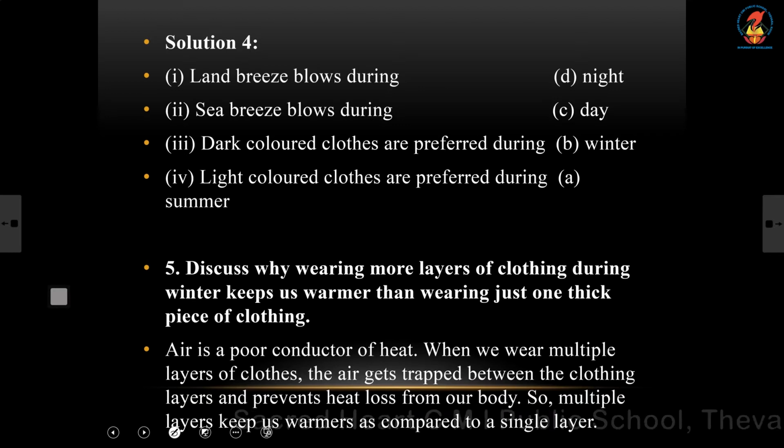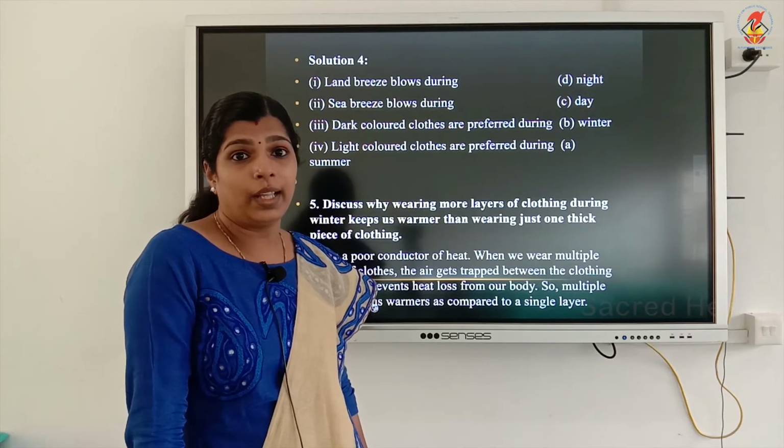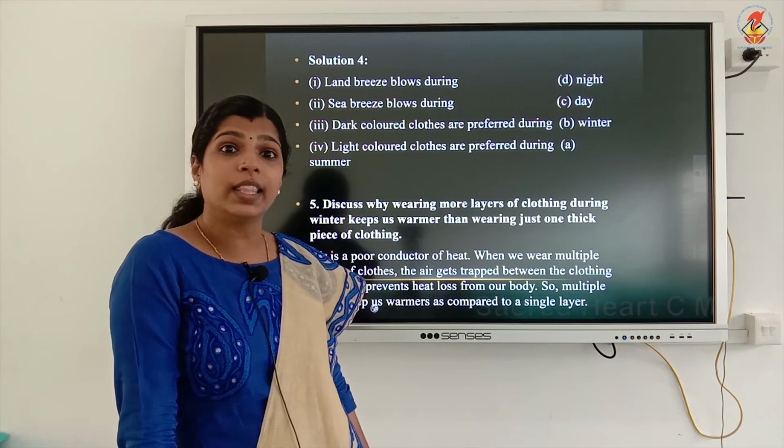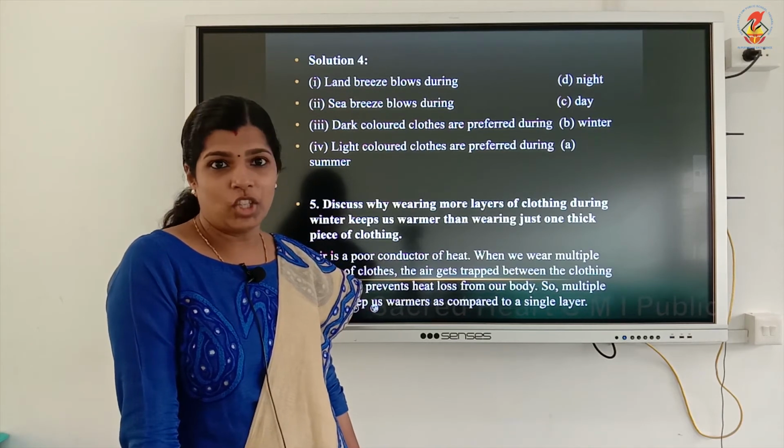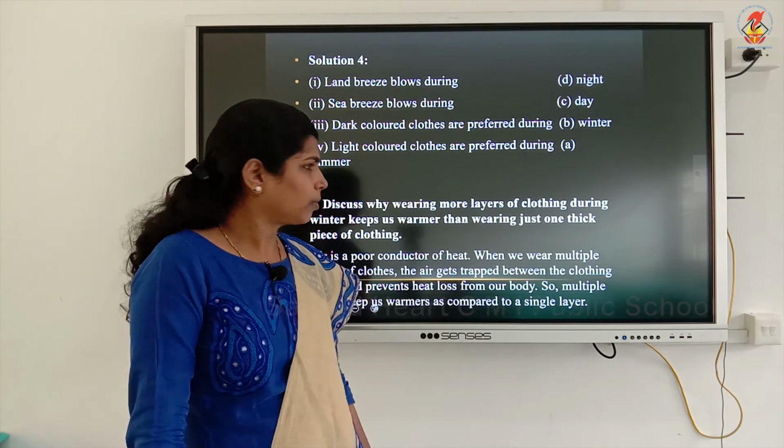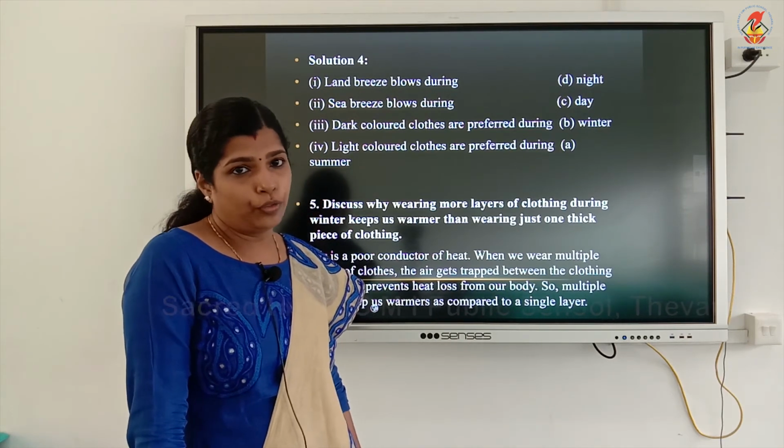Then, discuss why wearing more layers of clothing during winter keeps us warmer than wearing just one thick piece of clothing. That we discussed when two thin blankets will keep you warmer than a single thick blanket. That explanation I have given, the same thing. Air is a bad conductor of heat.